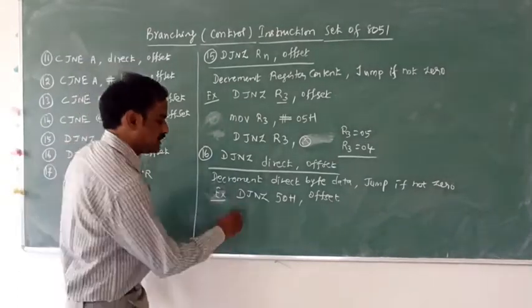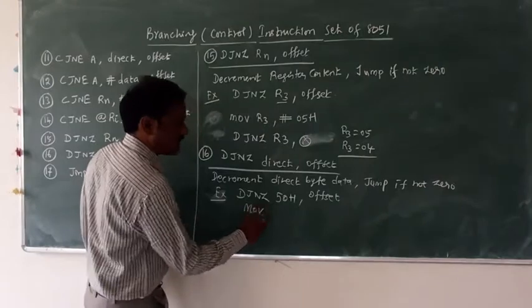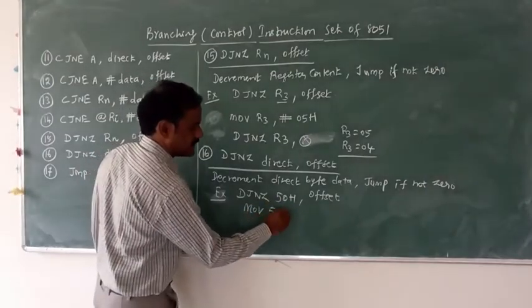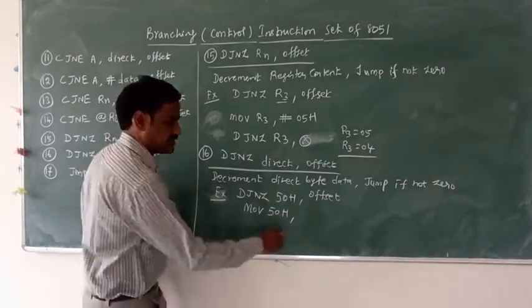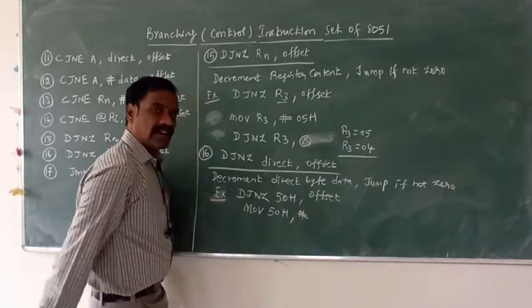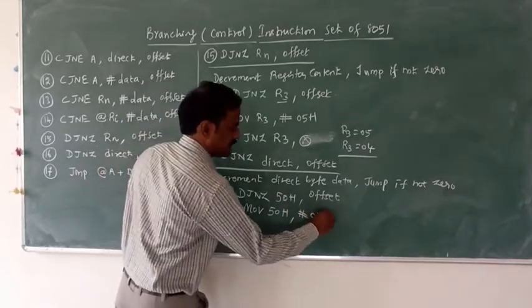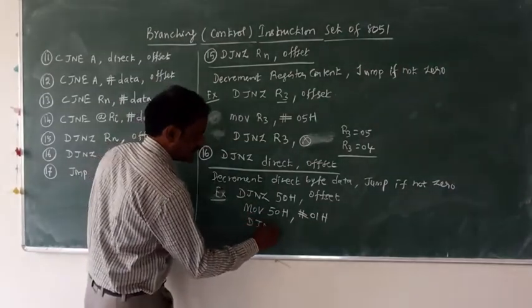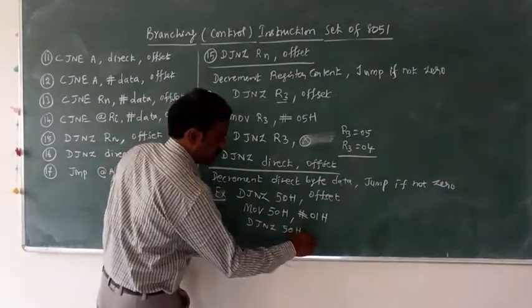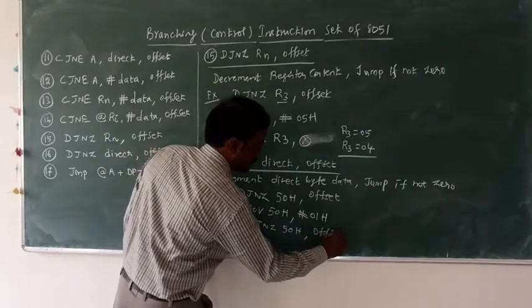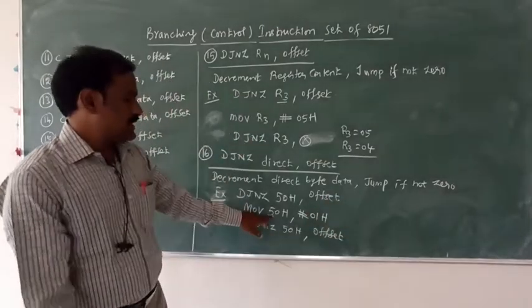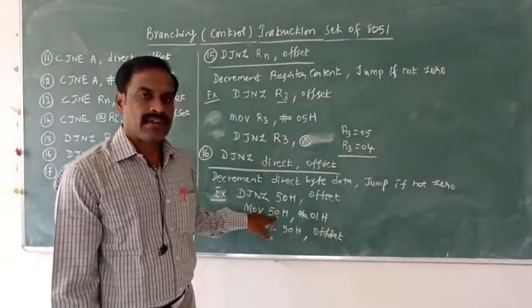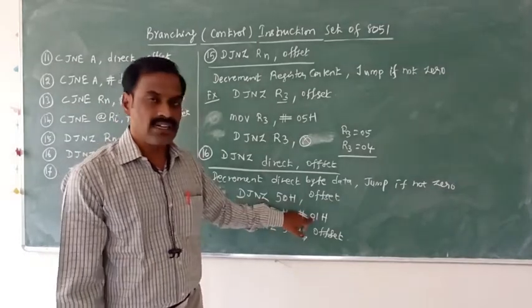Okay. Example, MOV. First we have to initialize the data in memory 50H, MOV 50H, #01H. After that, give DJNZ 50H, comma offset. In 50H, this is a memory, and in this memory the data is 01.